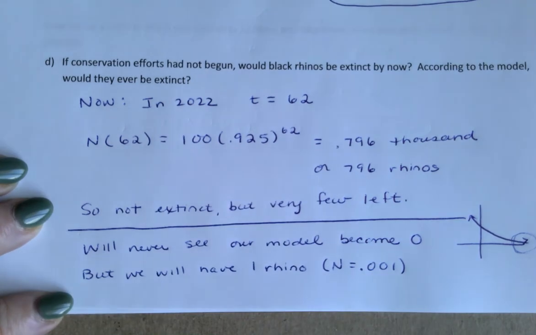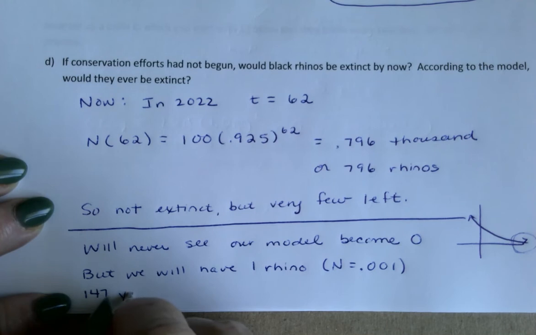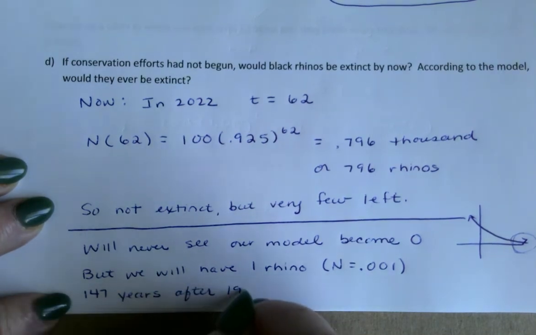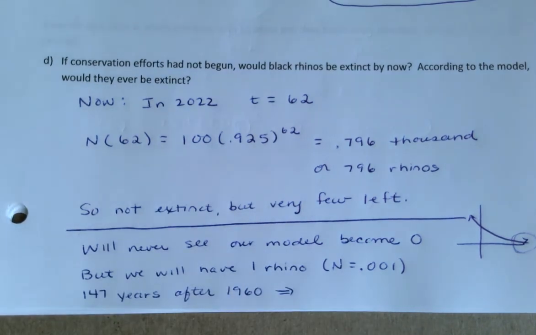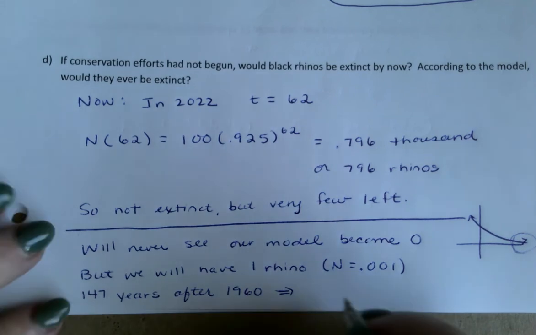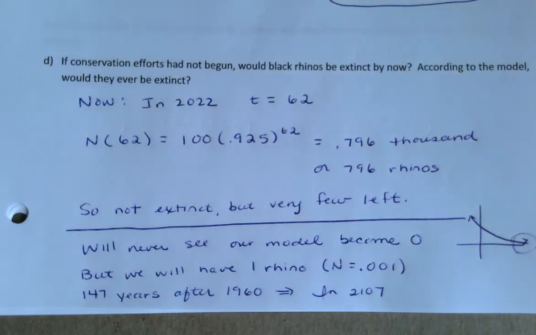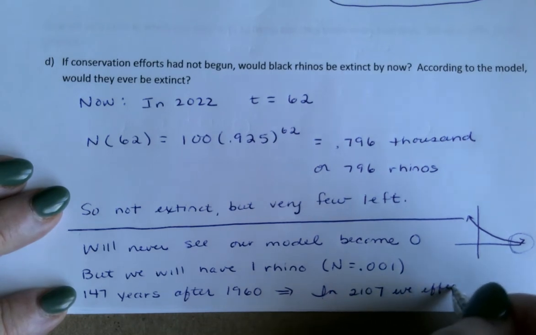Move your decimal over 3 places. That's your one rhino. 147 years after 1960. Now let's see, what is that? 1960 plus 147. That would be in the year 2107. And at that point, of course, without being able to reproduce, we effectively have extinction.